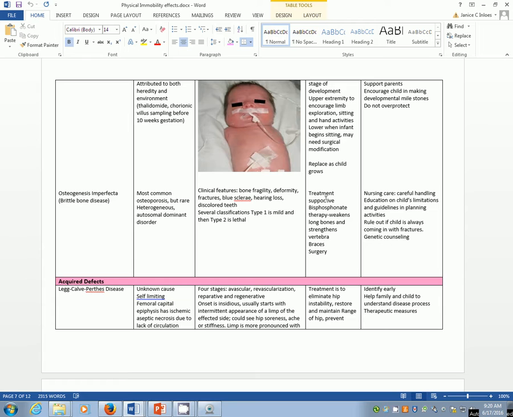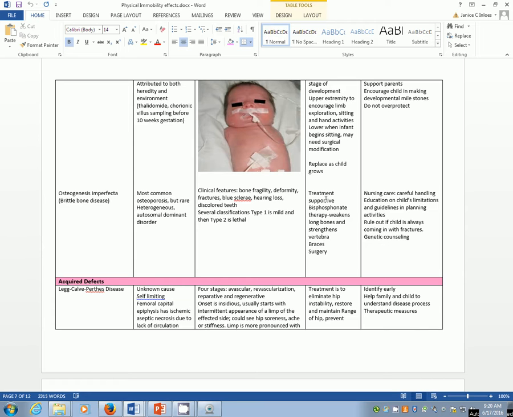Sometimes when they go into puberty, the hormones in puberty will help strengthen their bones, and it may help a little bit. Some of the new IV therapy that they've been trying is bisphosphonate therapy through the IV, one of the newer things they've been doing for the last few years.